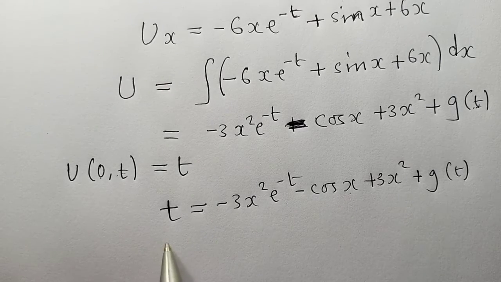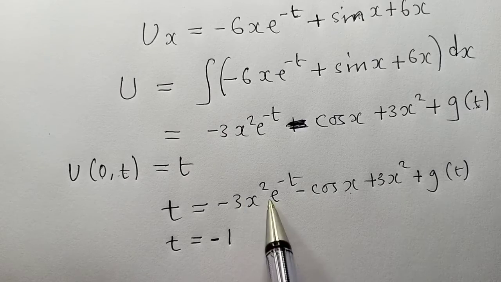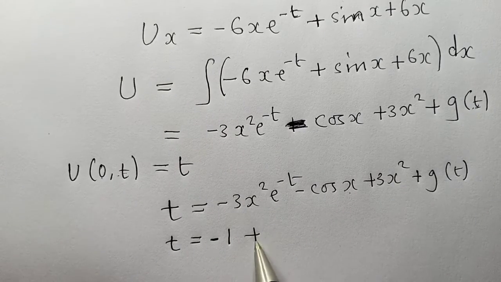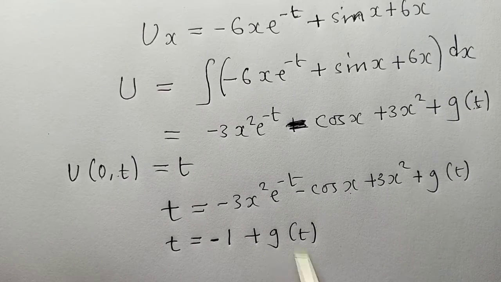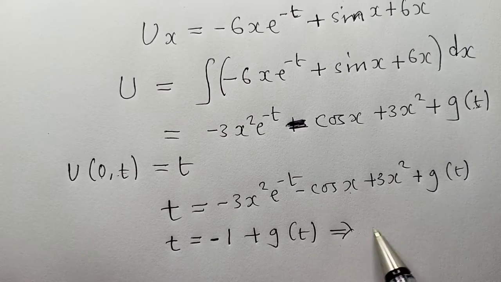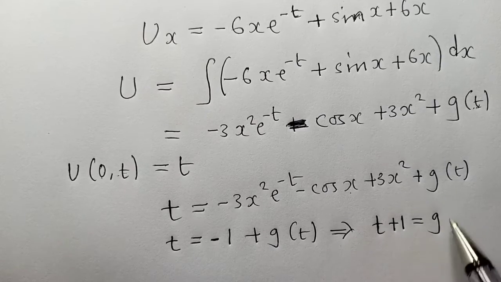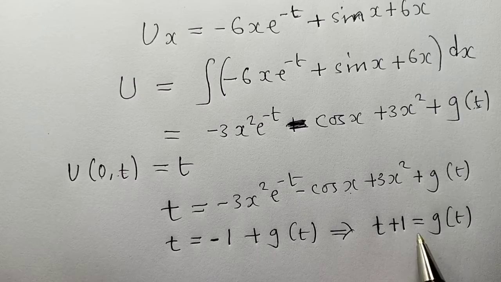So all we're going to remain with is t is equal to negative 1 plus g of t, because this is a 0, and if we substitute a 0 here, it will just be a 0. And to solve for g of t, we're going to say t plus 1 is equal to g of t. This will cross the equal sign, so it will be positive.